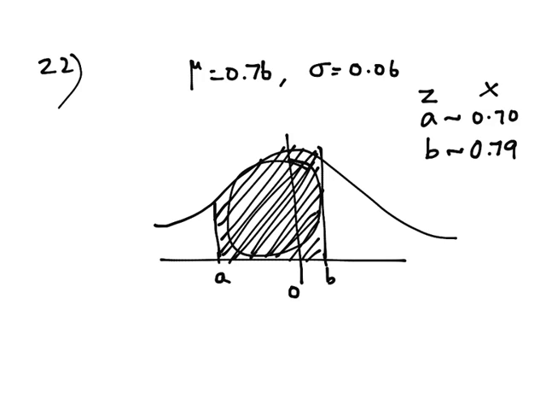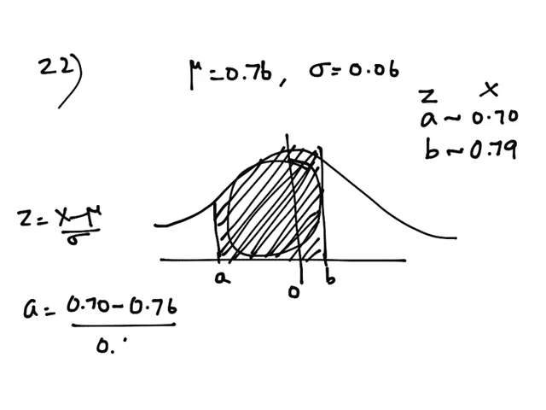We know that Z is X minus mu divided by sigma, right? In the same way, A will be equal to 0.70 minus mu, I'm sorry, mu is 0.76, divided by 0.06.